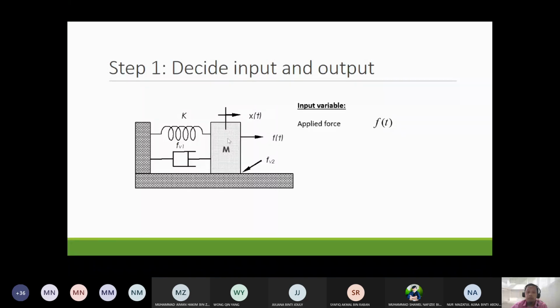So the input is the force, and the output is the motion, which is x. From x we can also find the velocity, which is x dot, and the acceleration, x double dot. So the output can be position, velocity, or acceleration, depending on what you want. Most of the time we want position, but maybe we want to find velocity or acceleration.